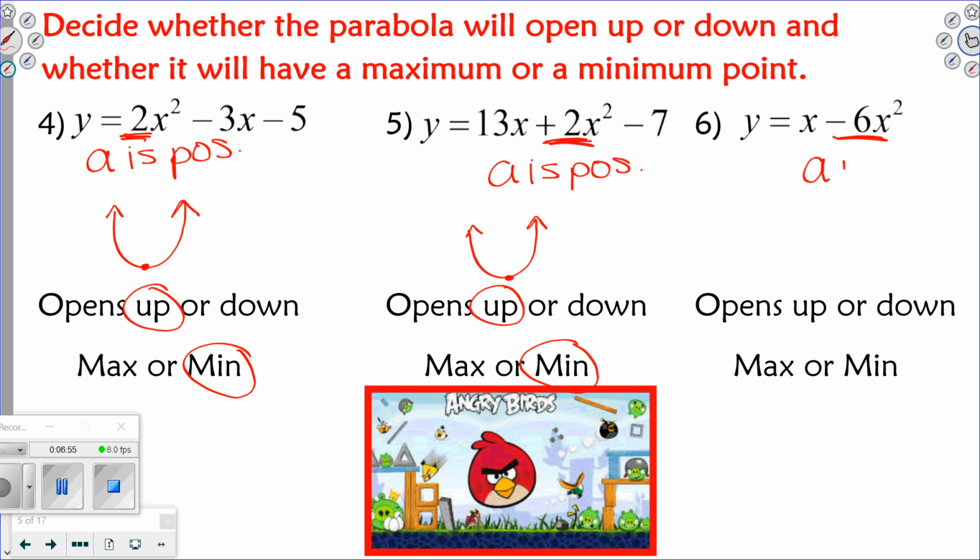There it is. So A is negative, so it's going to open down. Looks like that. So that means the vertex is the maximum. So anytime you're graphing, this is just a nice mental check. You plotted the point, you graphed the whole thing, and you ask, is that really going the right way? Double check, okay?